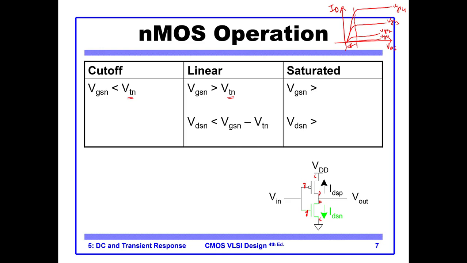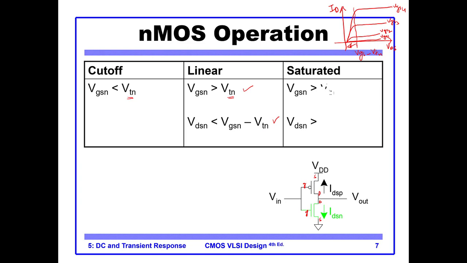For that region, this point was VGS minus VTN. So when VDS is less than this point, you are in the linear region. For the linear region, we have two conditions: VGSN should be greater than VT, and VDSN should be less than VGSN minus VTN.